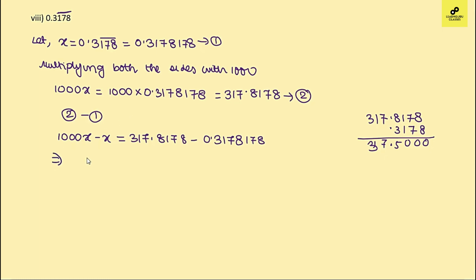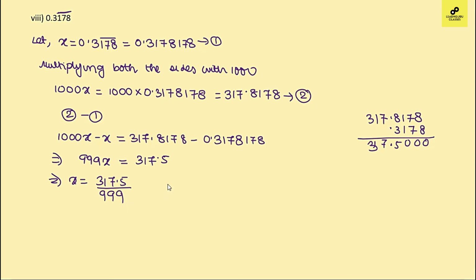So 999x equals 317.5. So x will become 317.5 divided by 999.